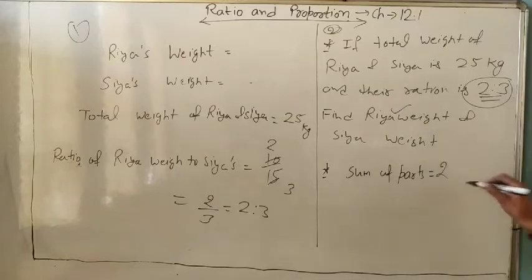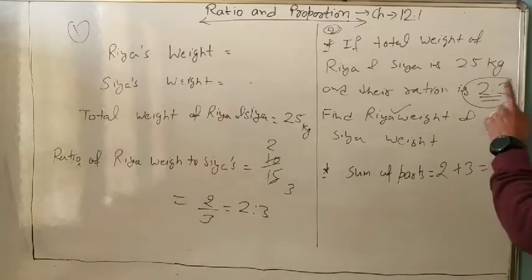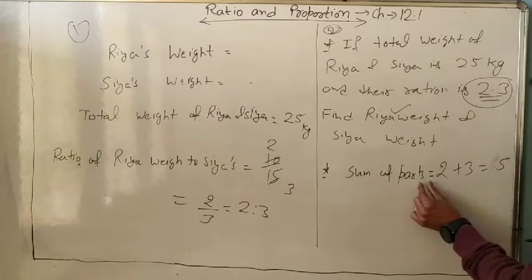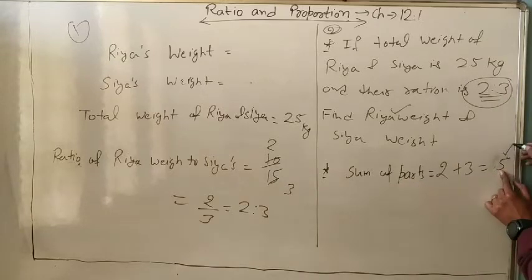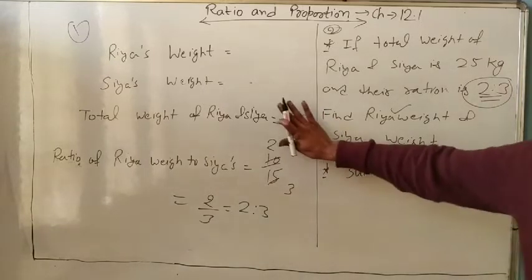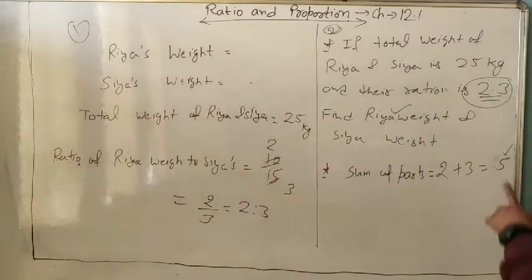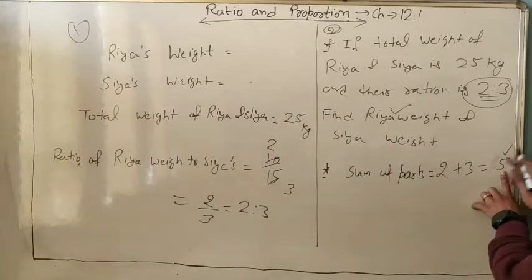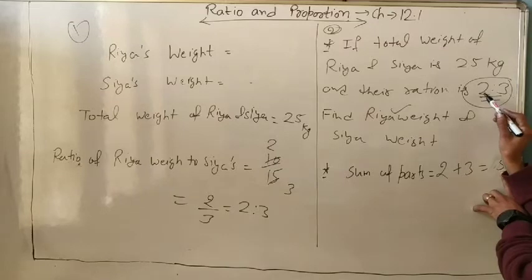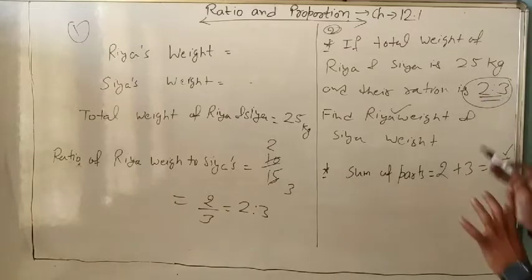What is the sum of the ratio? 2 plus 3, 5. This means if the total weight is 5, then 2 kg is Riya's and 3 kg is Sia's.